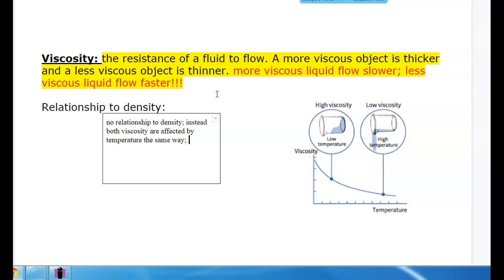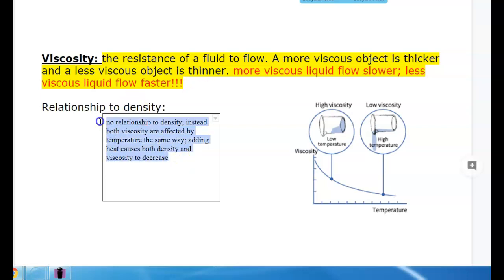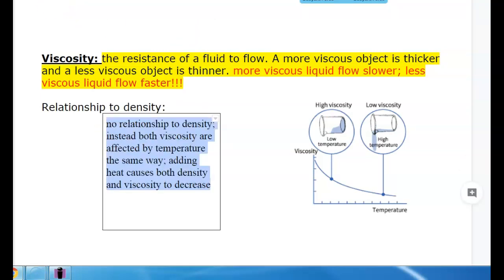In other words, adding heat causes both density and viscosity to decrease. And vice versa is also true. So you will want to make sure these are all part of your notes. Thank you, everybody.